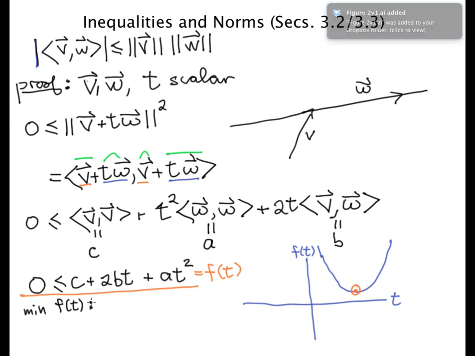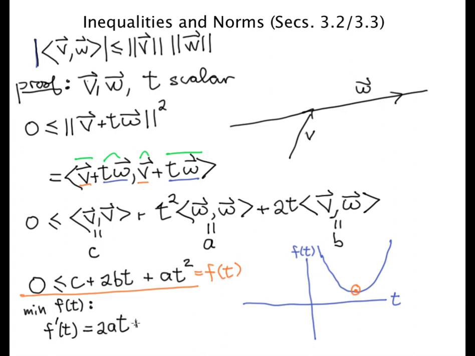So let's put on our calculus hats and remember, how do you find the minimum, the place where this function takes on its minimum? Well, I'm sure you all remember, you take the derivative. And the derivative of this function is 2at plus 2b. And you set that equal to 0. And you find that the minimum is obtained where t is equal to minus b over a.